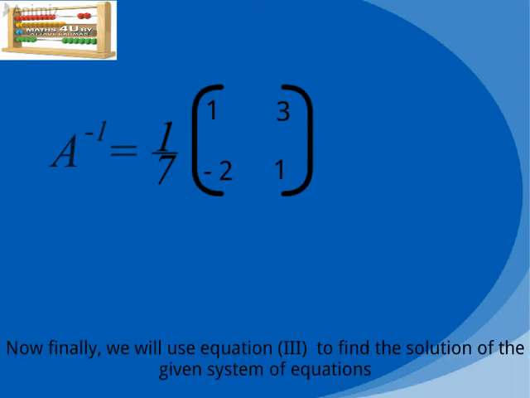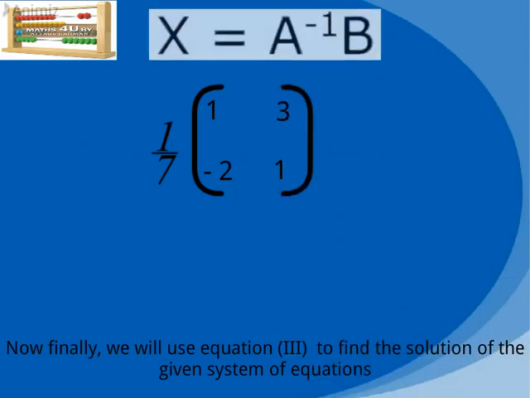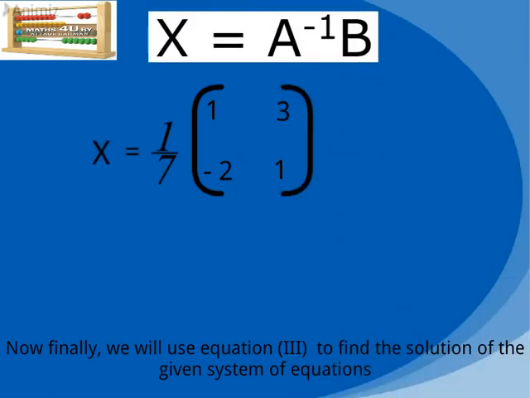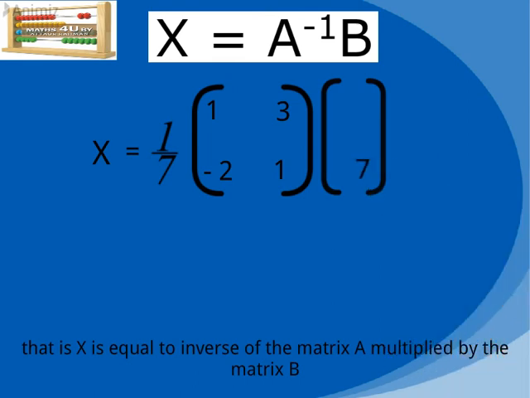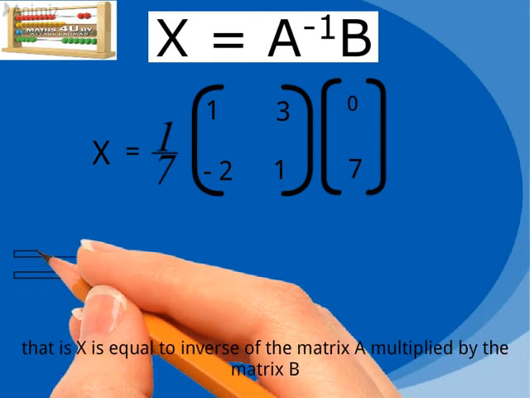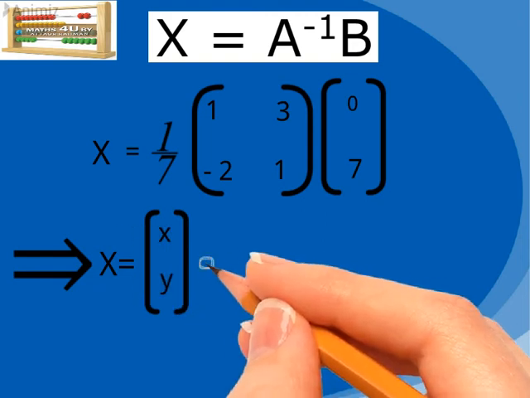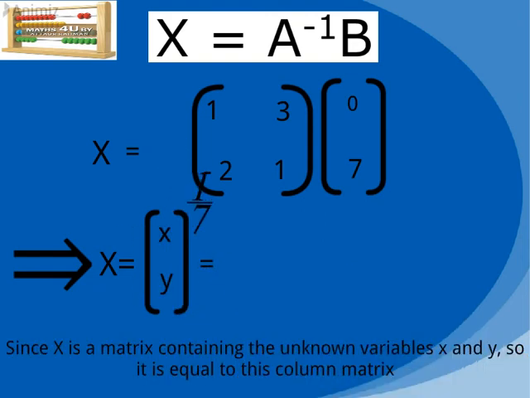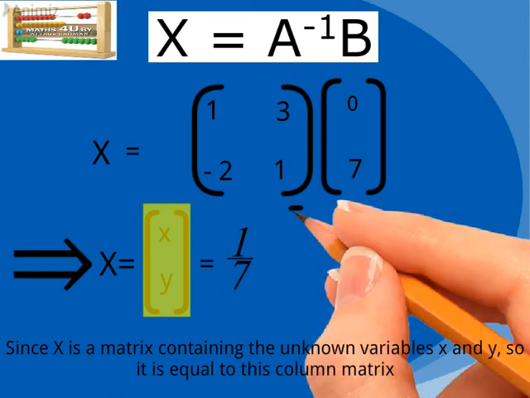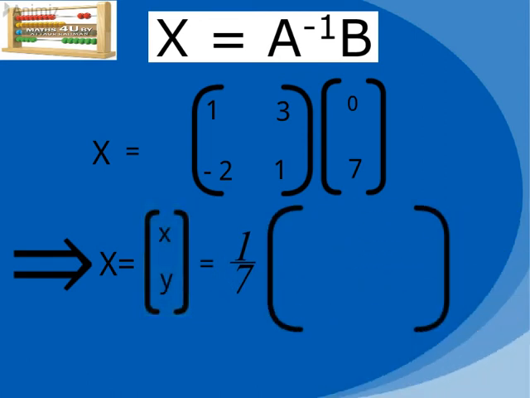Now finally we will use equation 3 to find the solution of the given system of equations, that is, X is equal to the inverse of the matrix A multiplied by the matrix B. Since X is a matrix containing the unknown variables x and y, it is equal to this column matrix.